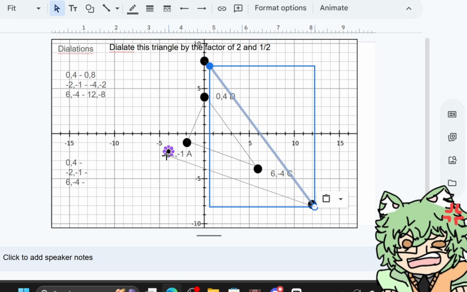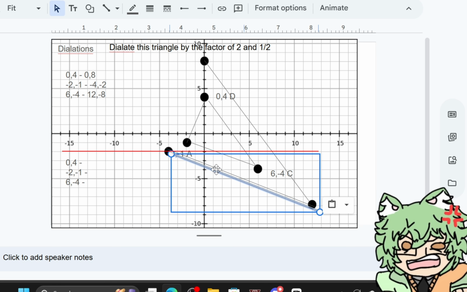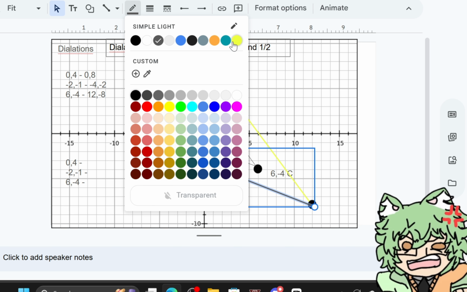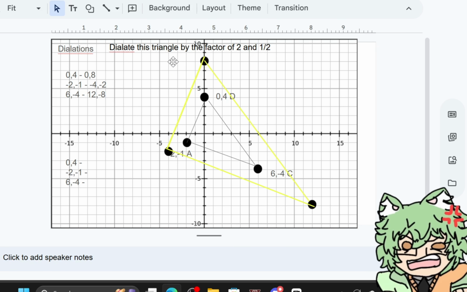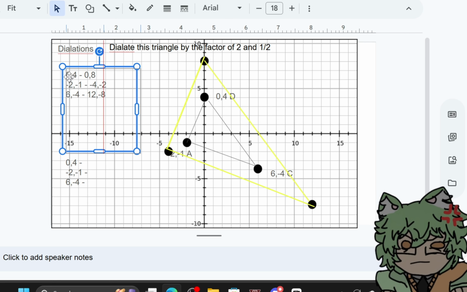Let's go this way, and then let's go up. Do you see how big the triangle got? This is because you dilated the triangle by 2 times. This is 2 times the original, all because you multiplied all the values by 2.